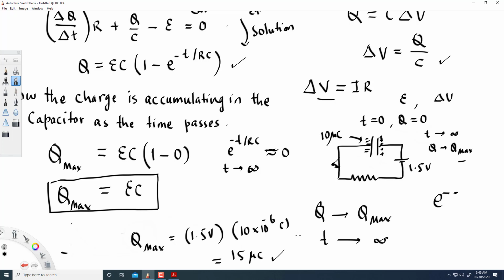So it's either first one or fourth one. So which one do you think would be the right one? 4? In 4, you are just accumulating the charge. It's going up all the time. It goes to infinity at infinitely long time. Is that true? The capacitor doesn't have infinite capacity to hold the charge.